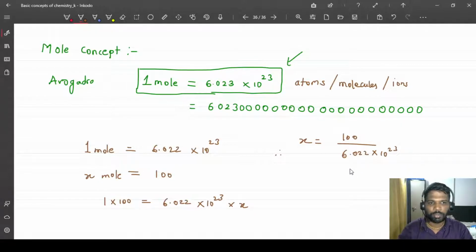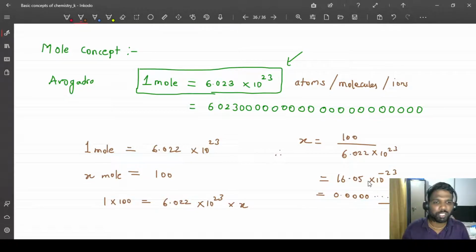And if I do this, 100 divided by 6.022, I'm getting an answer of around 16.05 into 10 raised to 23 in the denominator. When it goes to the numerator, it will become 10 raised to minus 20. Means it is 0.00023 decimal places, then 1605. These many moles it will be.